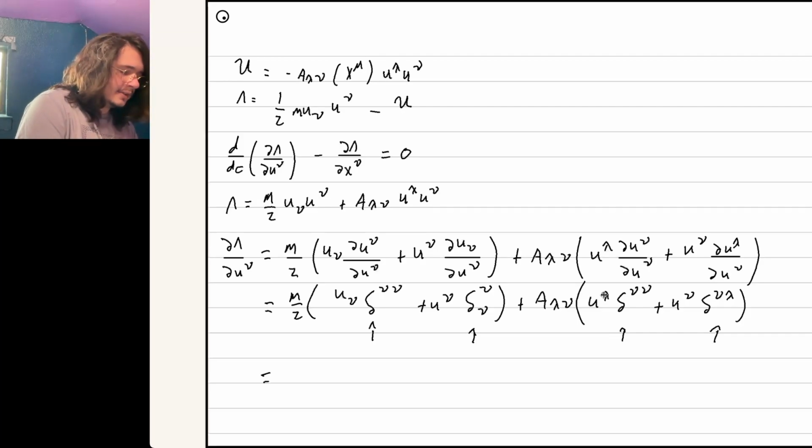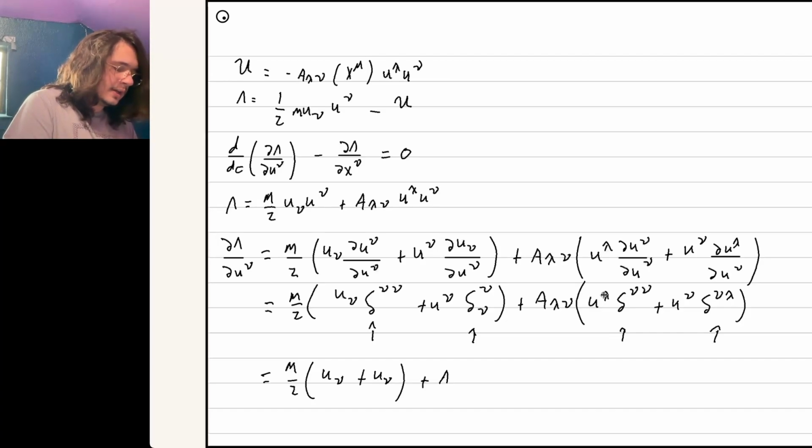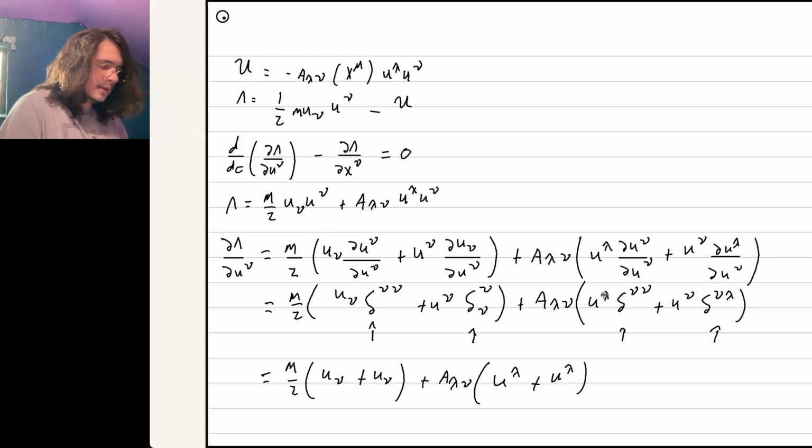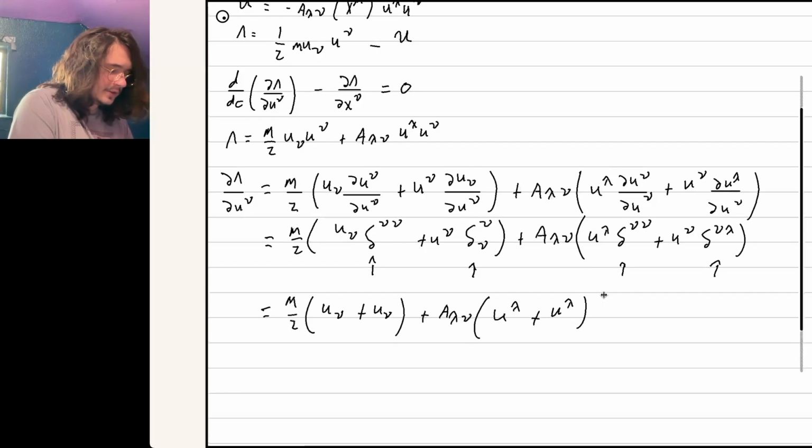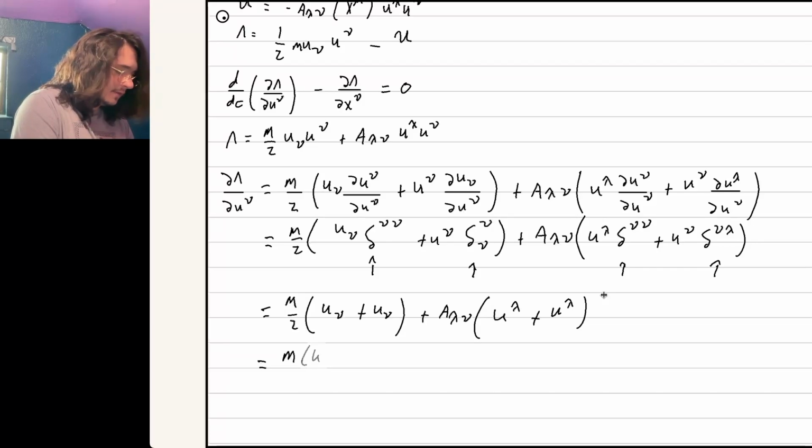So we're writing this as m over 2 u_nu plus u_nu plus a_lambda nu. Then you got u^lambda plus u^lambda. Lovely. Then just combine like terms. You got m times just one factor of u sub nu, plus 2 a_lambda nu u^lambda.